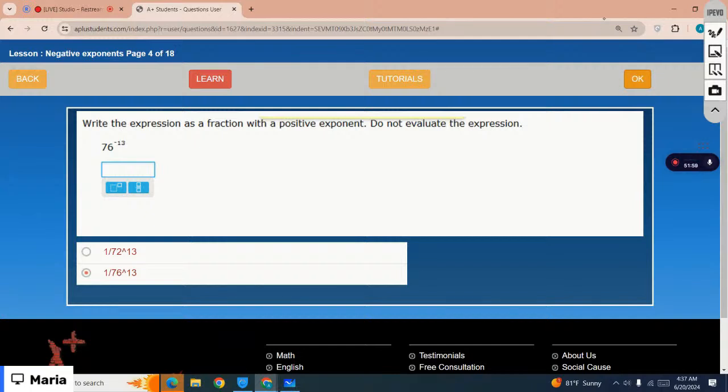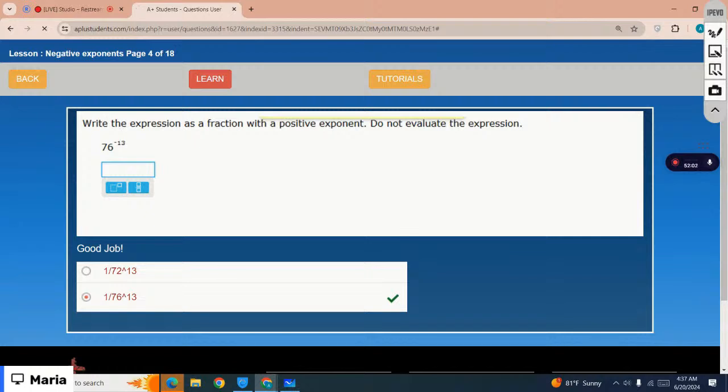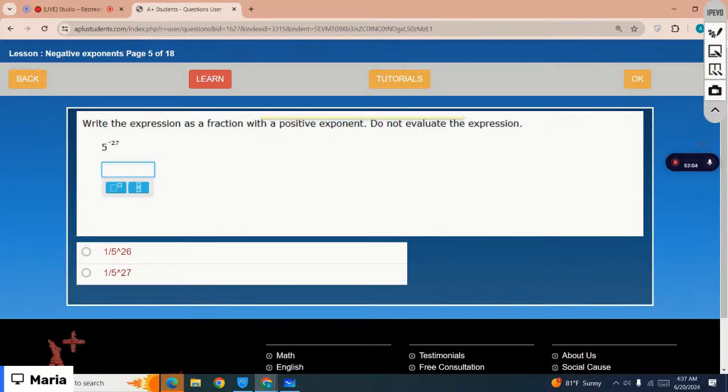Got it? The correct option is option number 2. Got it?